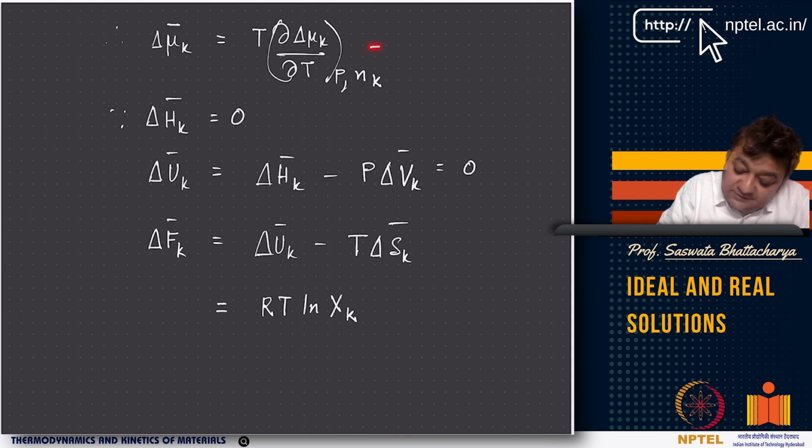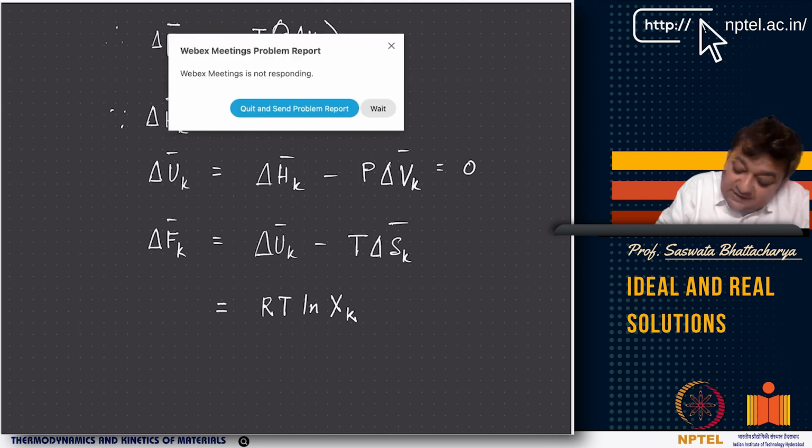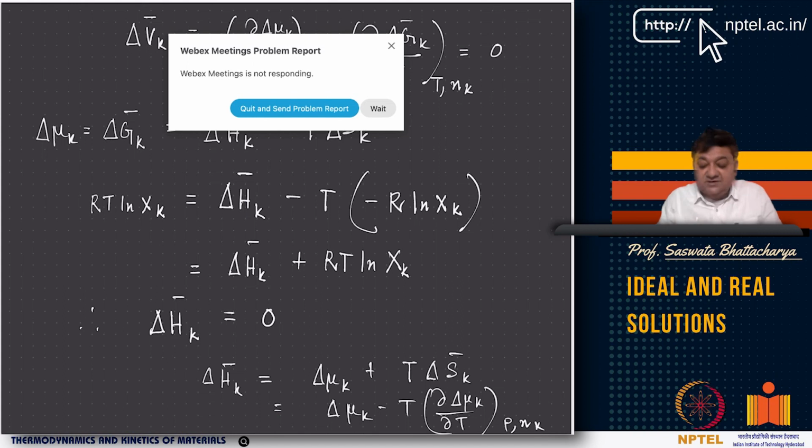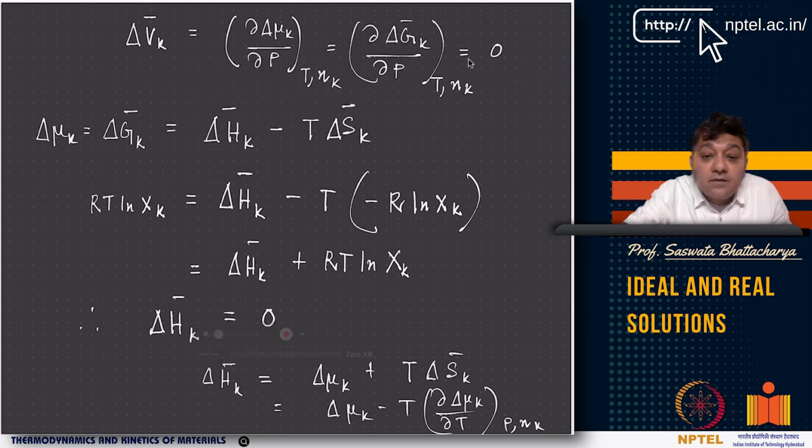Yes, because this is R ln xk, so this becomes equal to RT ln xk. Now you can use this term here and you will get the same relation: delta Hk bar is equal to 0.